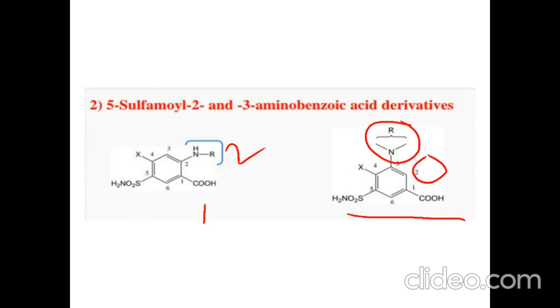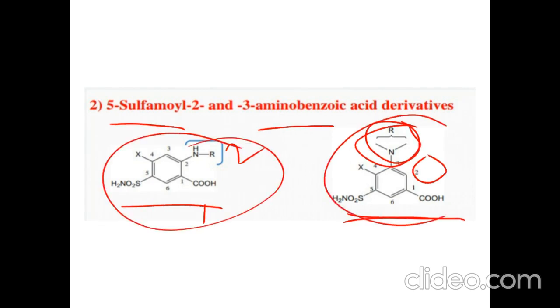So these are called 5-sulfamyl anthranilic acid derivatives, and these are called 5-sulfamyl 3-amino benzoic acid derivatives. So that is the difference between these two. Some drugs have this type of structure, and some drugs have the other type. Both give better activity.